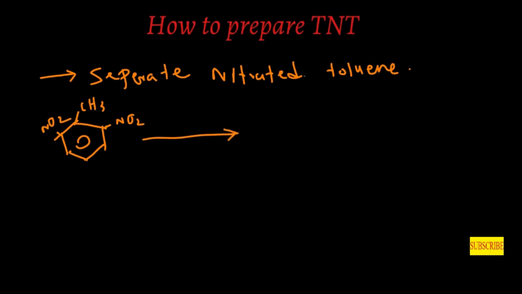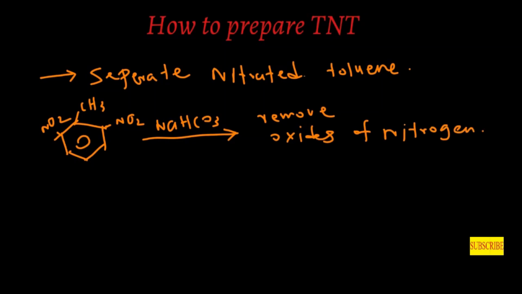I will show you the reaction. DNT is reacted with sodium carbonate, and this reaction will give very pure DNT. The purpose of this reaction is to remove all the oxides of nitrogen, which should be memorized in your mind.